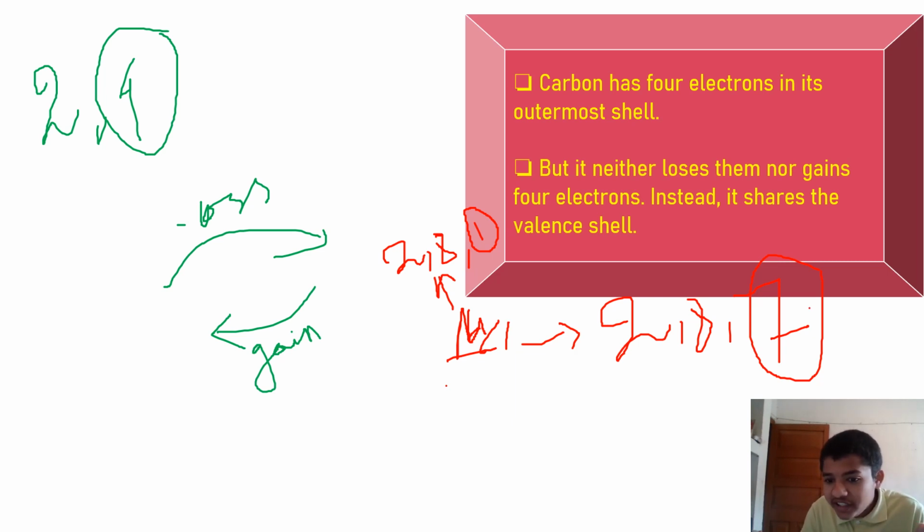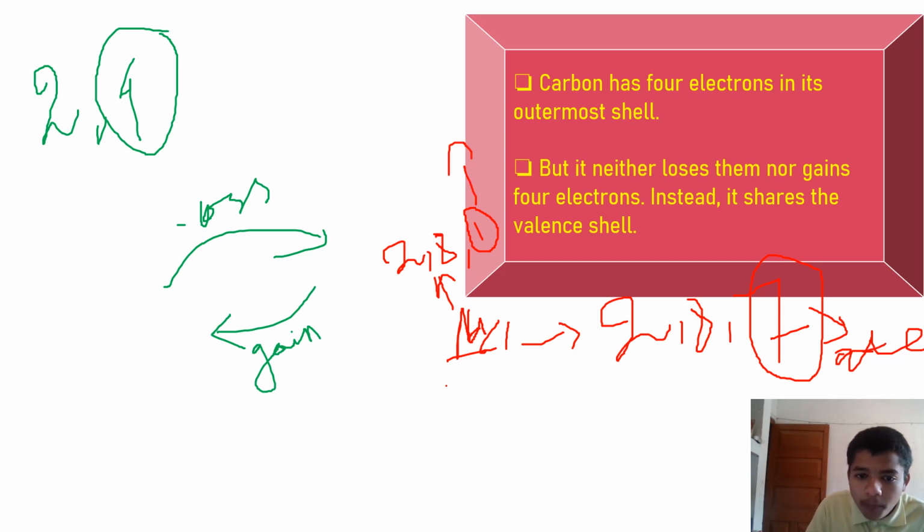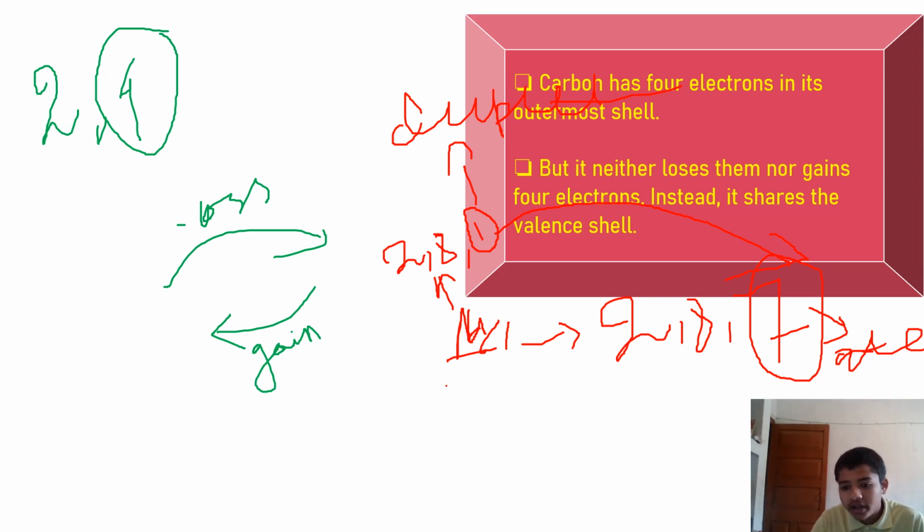So it is easy for the Cl to complete its octet, right? And it's easy for Na to complete its duplet. Clear? So what will Na do? Na will share one electron to what?